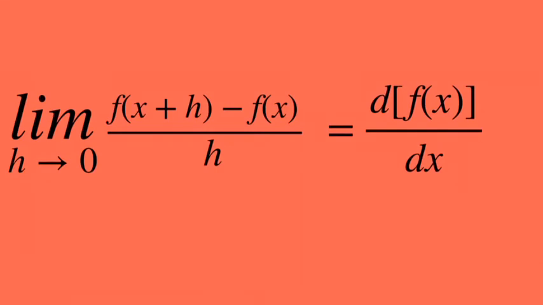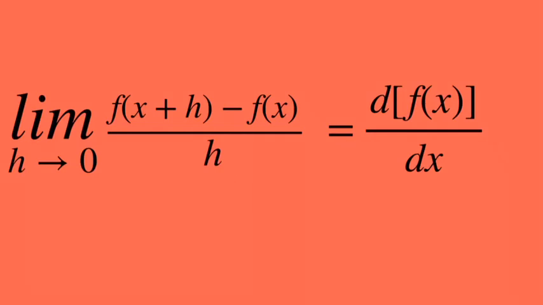Or, the derivative of f of x with respect to x. I'll get to the with respect to part in another bit, but you can ignore that for now. So this is not our g of x, because if you were to substitute in 0 for h, you would get 0 over 0 very obviously.